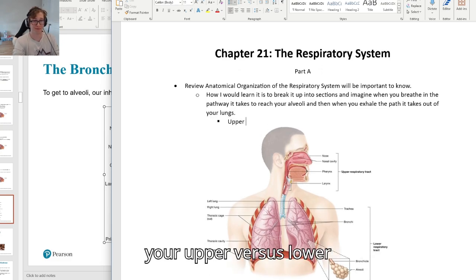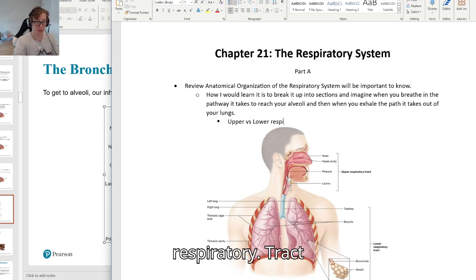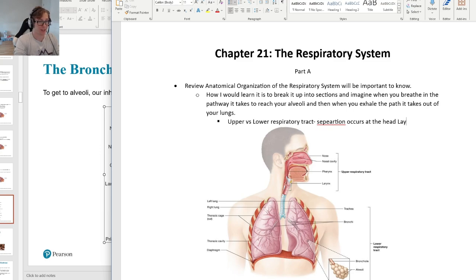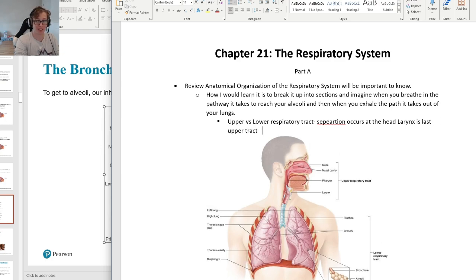You have your upper versus lower respiratory tract. The division, or separation, occurs at the head. Larynx is the last of the upper tract. Trachea starts the lower, and the lower ends at the alveolar sac.